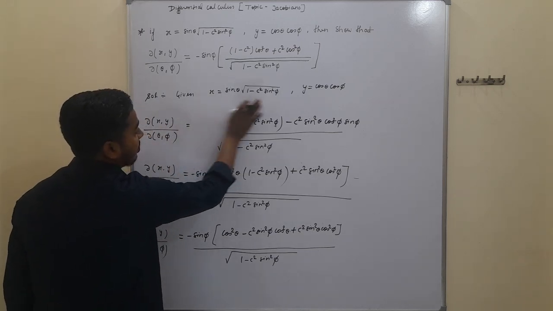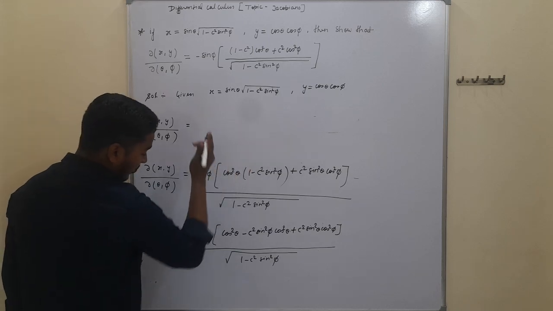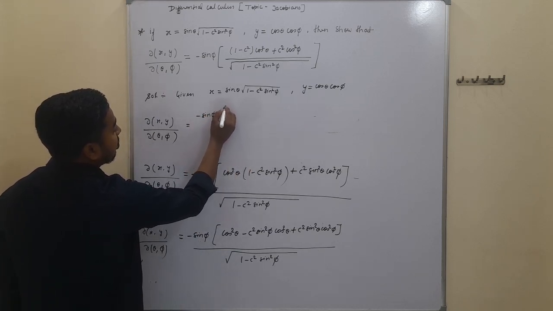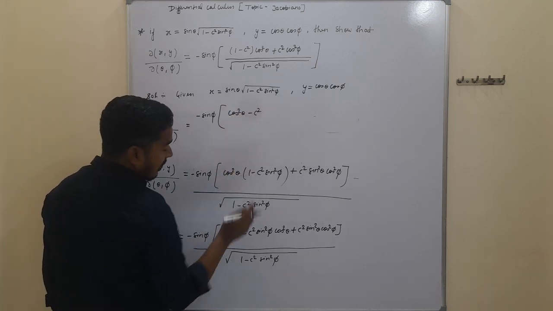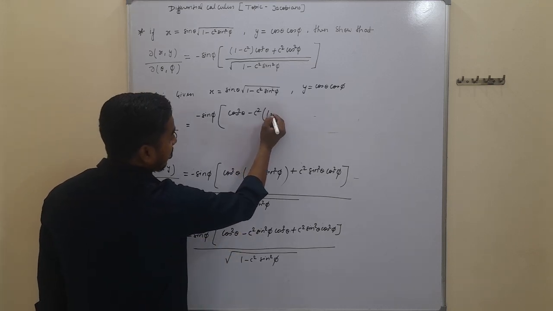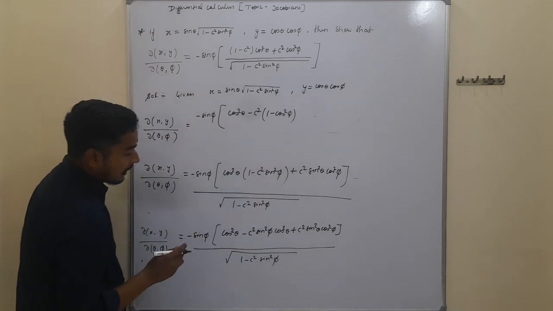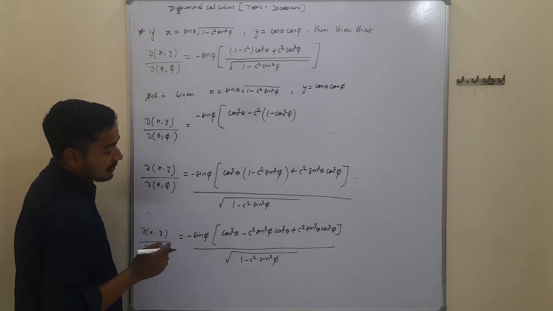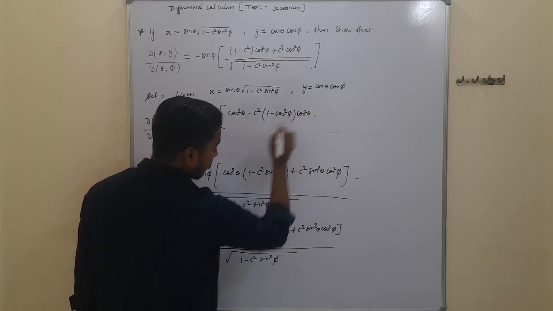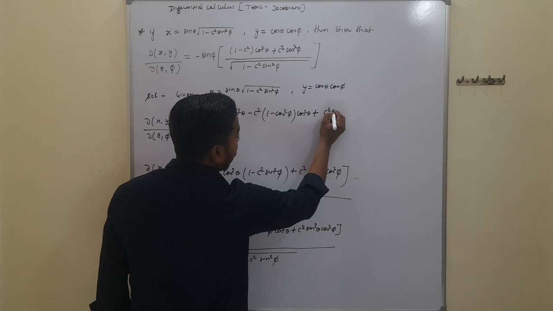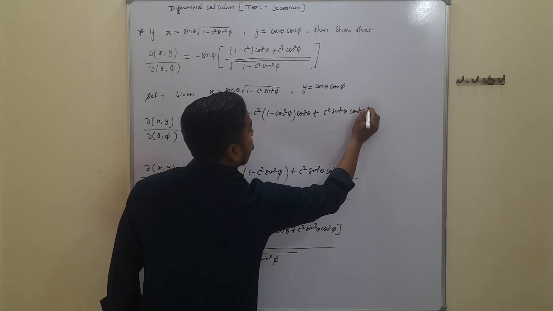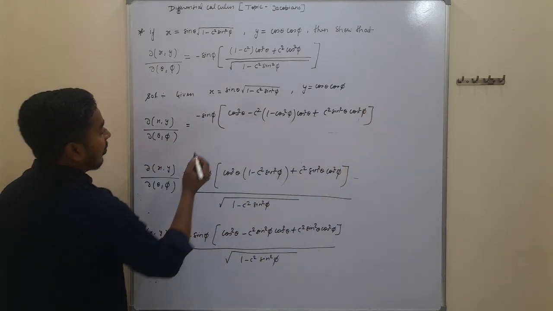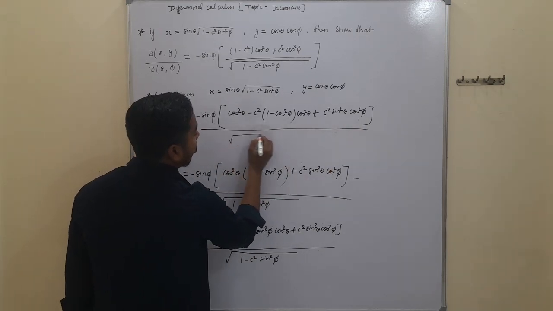So we have to write here once again: this is minus sin phi, bracket, cos square theta minus c square, and here sin square phi is written as 1 minus cos square phi, and here is also present cos square theta, and plus c square sin square theta into cos square phi, upon under root of 1 minus c square into sin square phi.